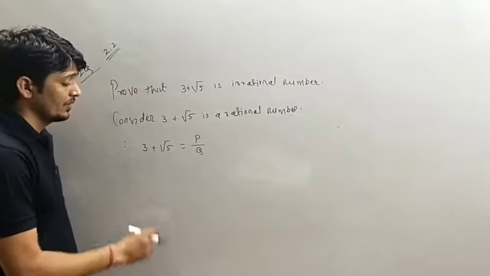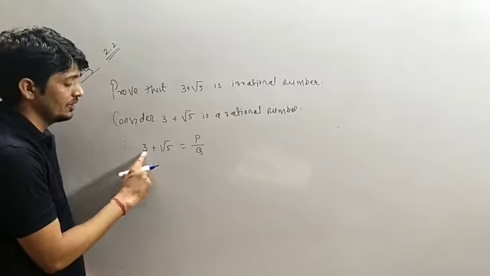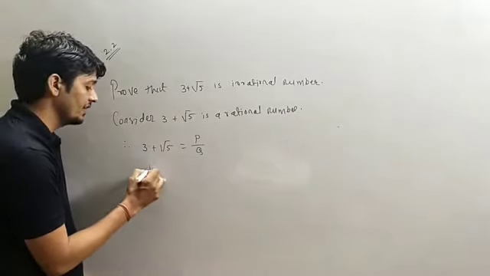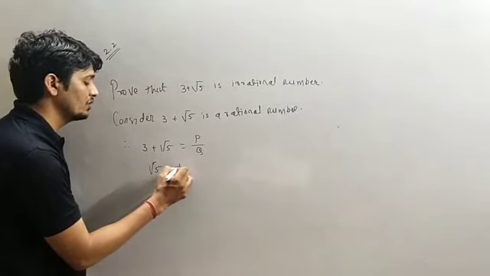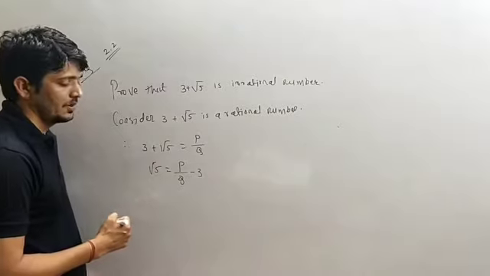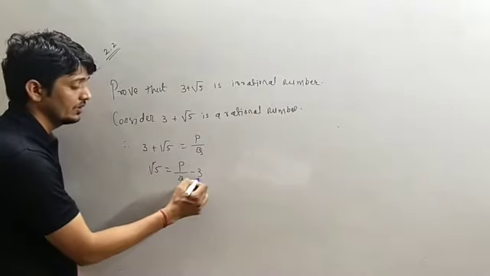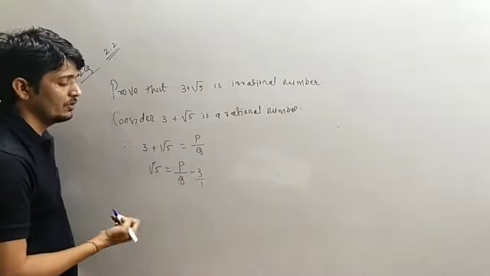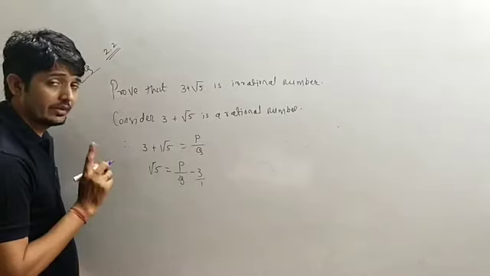We transfer this 3 to the other side. So what do we get? Root 5 equals p by q minus 3. Here in the division form we have nothing, that means we have 1.